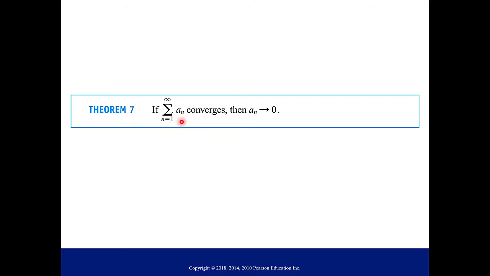If you already know that your series converges, then the sequence converges to 0. The opposite is not true. It doesn't mean that if the sequence converges to 0, the series converges. But if you know that your series converges, then the sequence must converge to 0.